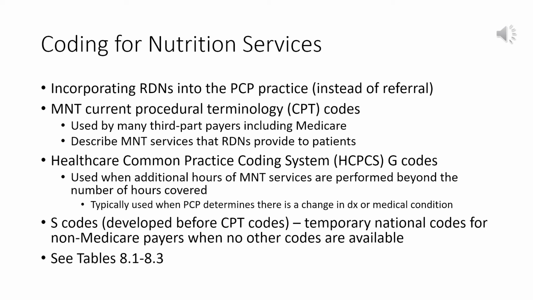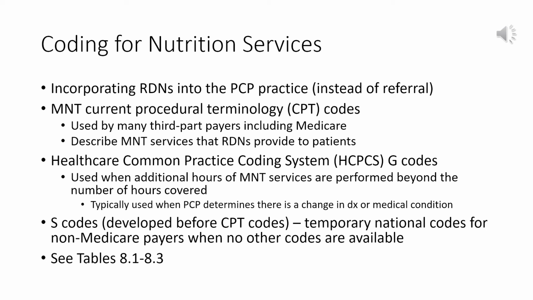There are Healthcare Common Procedure Coding System G codes, and G codes are used when additional hours of MNT services are performed beyond the number of hours that are covered. They're typically used when the PCP determines there's a change in diagnosis or medical condition and they need additional nutrition services.